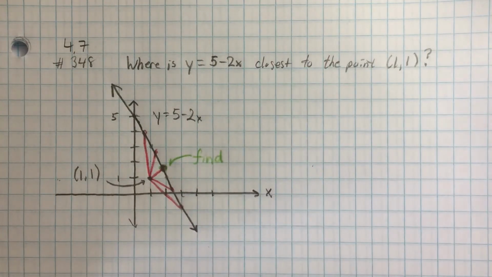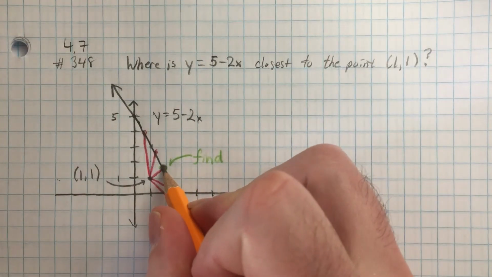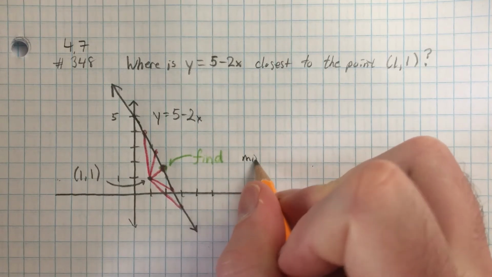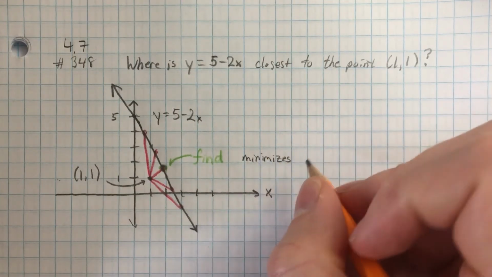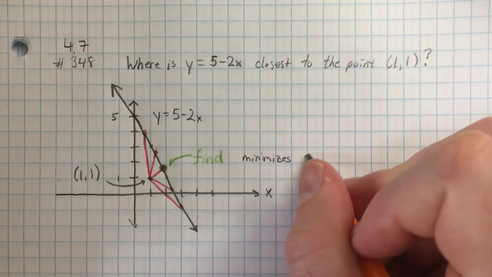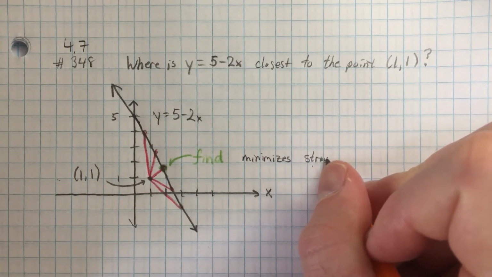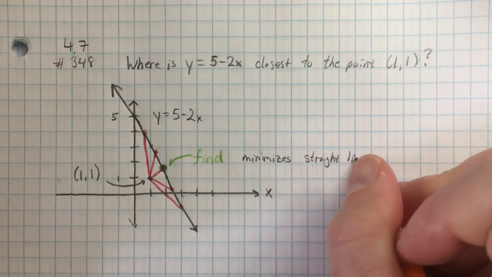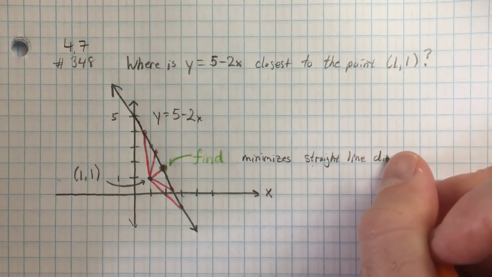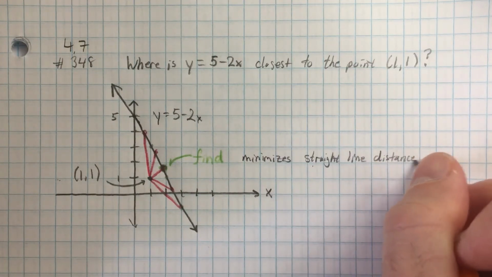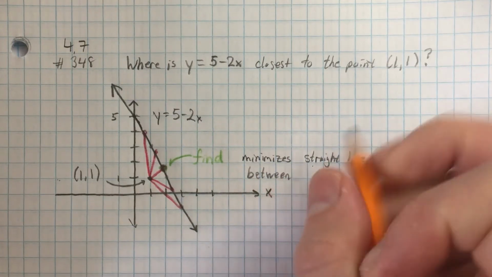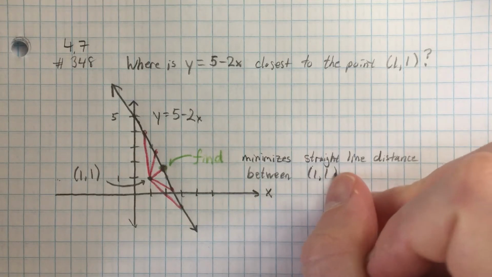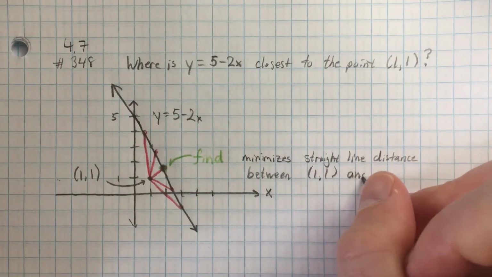And again, what is that doing? This point on the line minimizes the straight line distance between 1, 1 and points on the line.